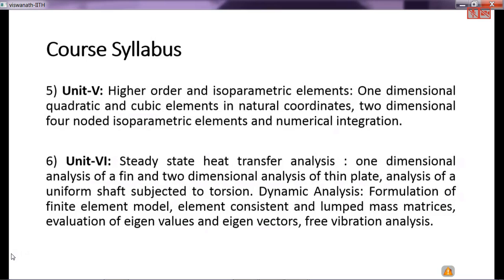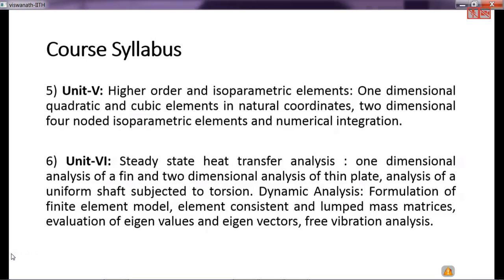Integration is nothing but if you take a domain and cut it into infinitesimally small rectangles and add all those infinitesimal rectangles, you'll get the area under the curve. So instead of an infinitesimal rectangle, you make it a finite rectangle. That will automatically become the trapezoidal rule, Simpson's rule, Runge-Kutta, whatever you want, it will come.